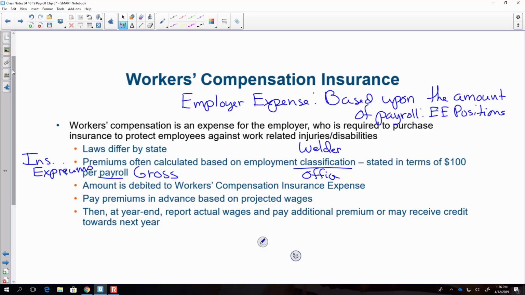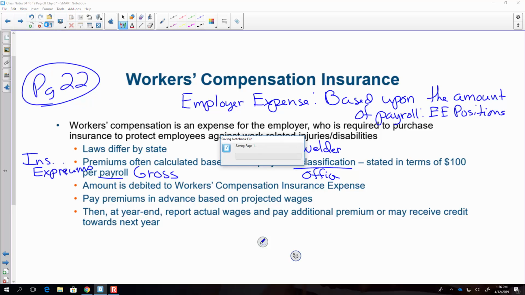You have to pay in based on an estimate, and then at the end of the year they just verify that you were close and then make up the difference for what you paid in compared to what it actually was. All right, so workers' comp actually is talked about on page 22. So you cannot have employees without workers' comp. In the state of Wisconsin, that's illegal. So it's very important that you have that insurance in place if you do have employees.